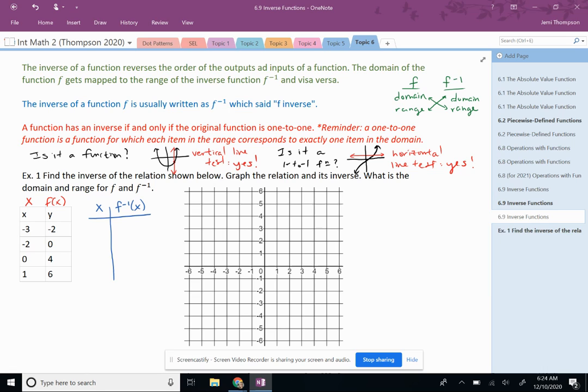If I go back up to my green note, it says that the domain of the original function gets mapped to the range of the inverse function and vice versa. So this first point right here, -3, -2. If I'm looking at my first coordinate, when I take the inverse of that, I get -2, -3.